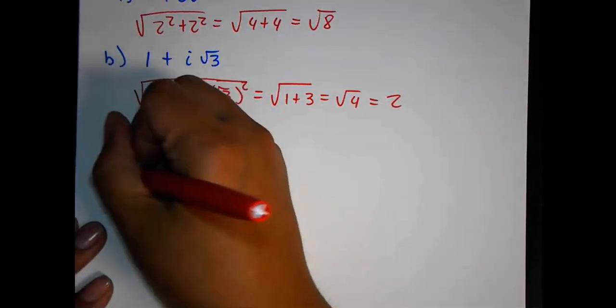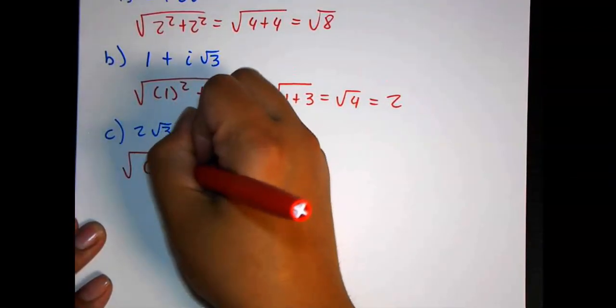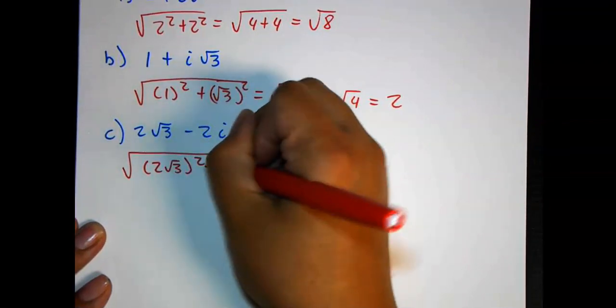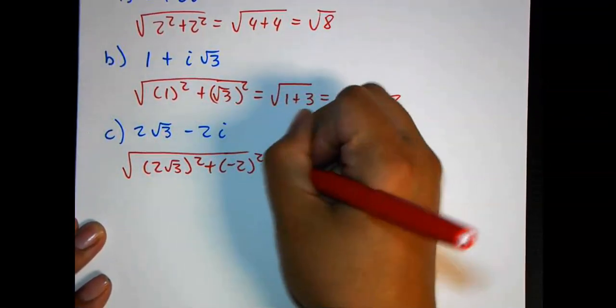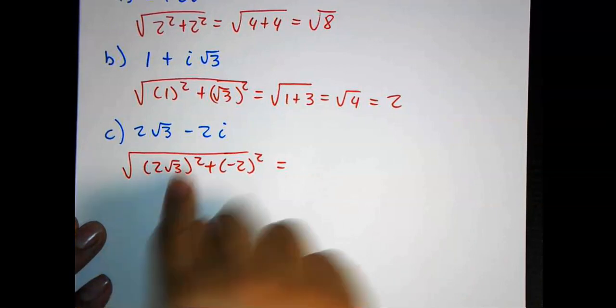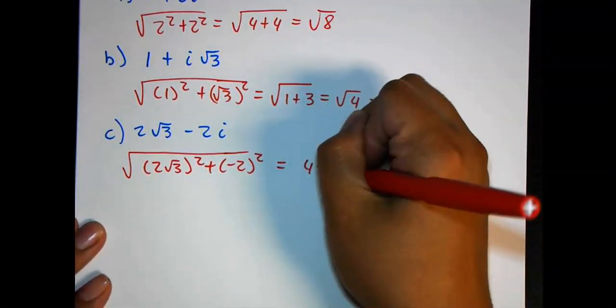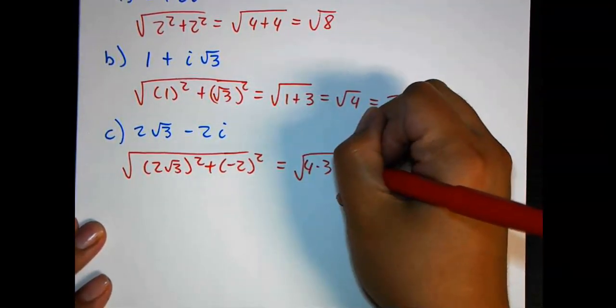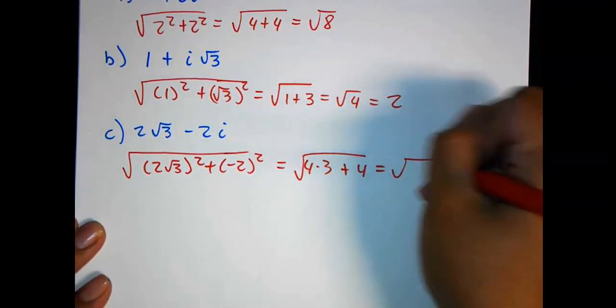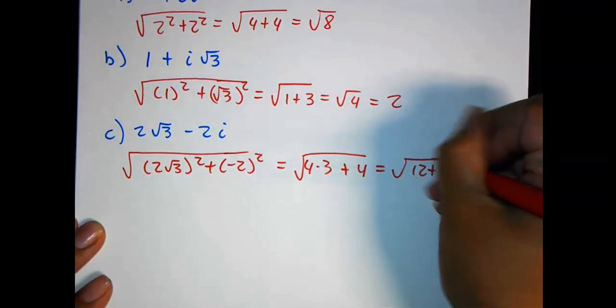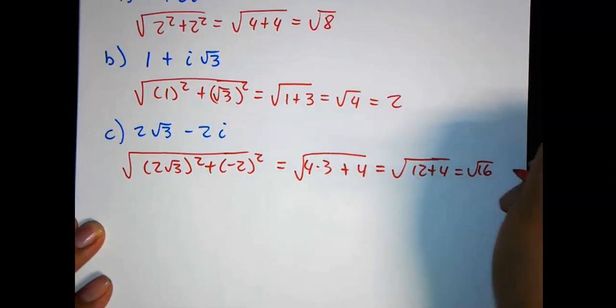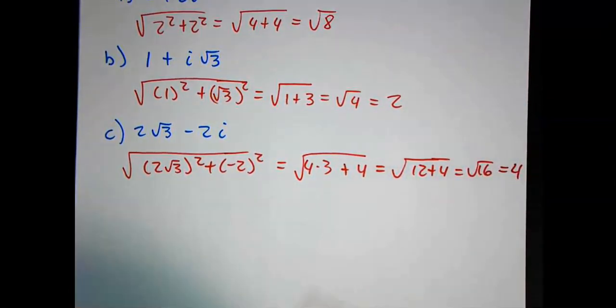This next one, I got 2 square root of 3 squared plus negative 2 squared. I have to square the 2 and the square root. So I got 4 times 3 plus 4. Then 12 plus 4 is the square root of 16, which would just be 4.